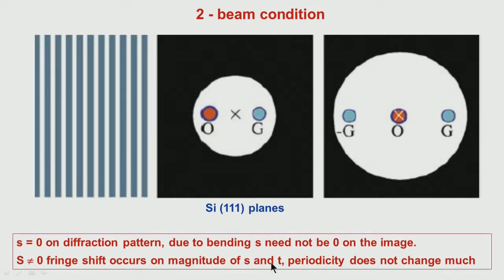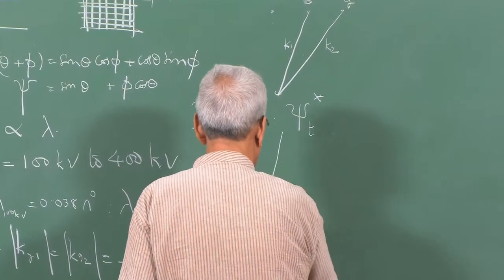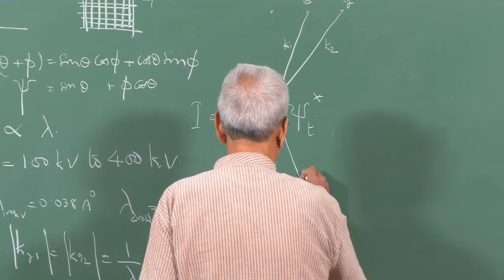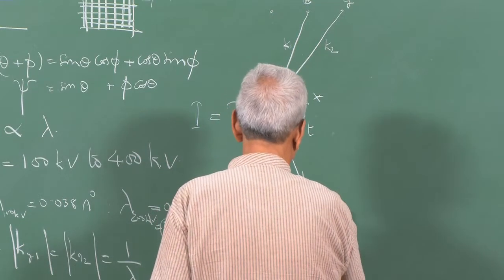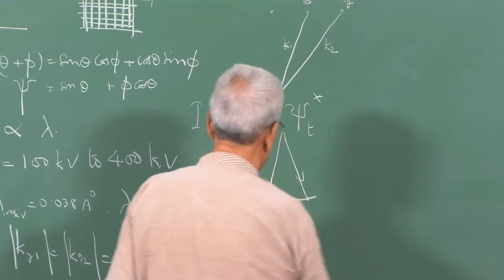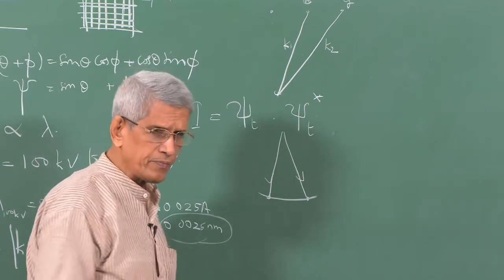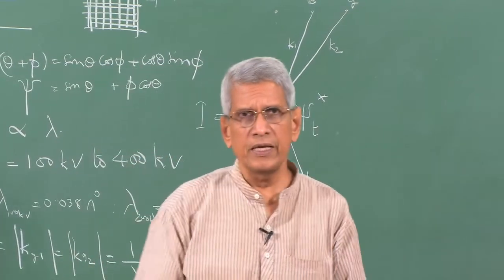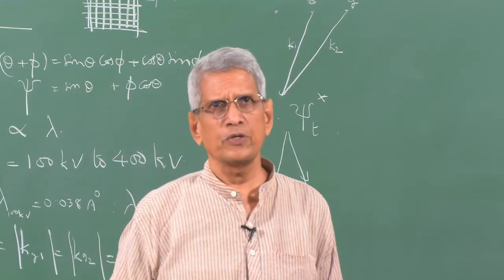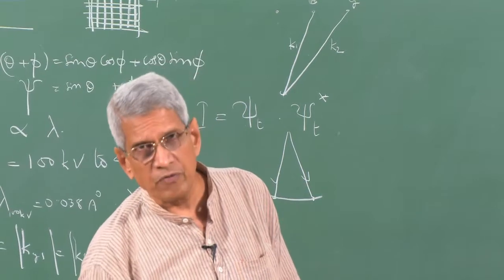This sort of deviation in S can occur because even if the sample is aligned, that is, the Ewald sphere passes right through the diffraction spot, region to region defects could be there, which could give rise to a local change in the deviation from the Bragg condition.